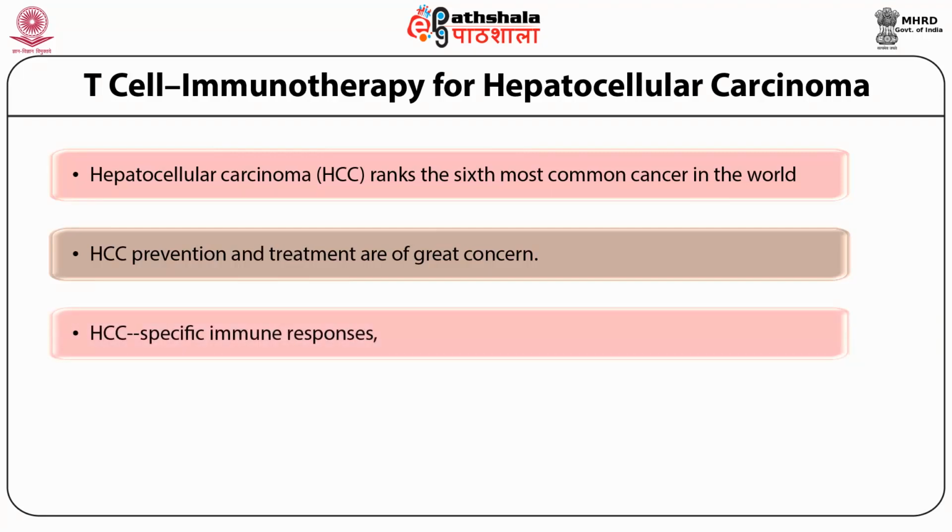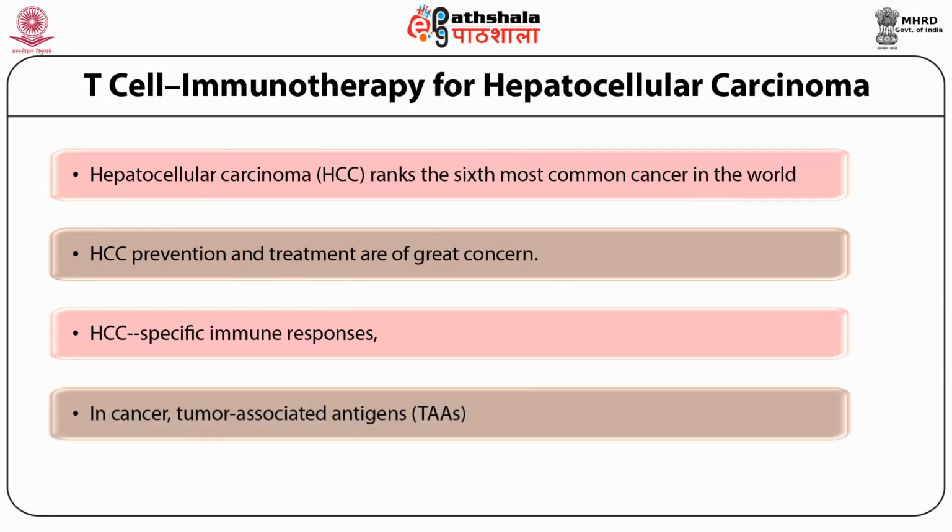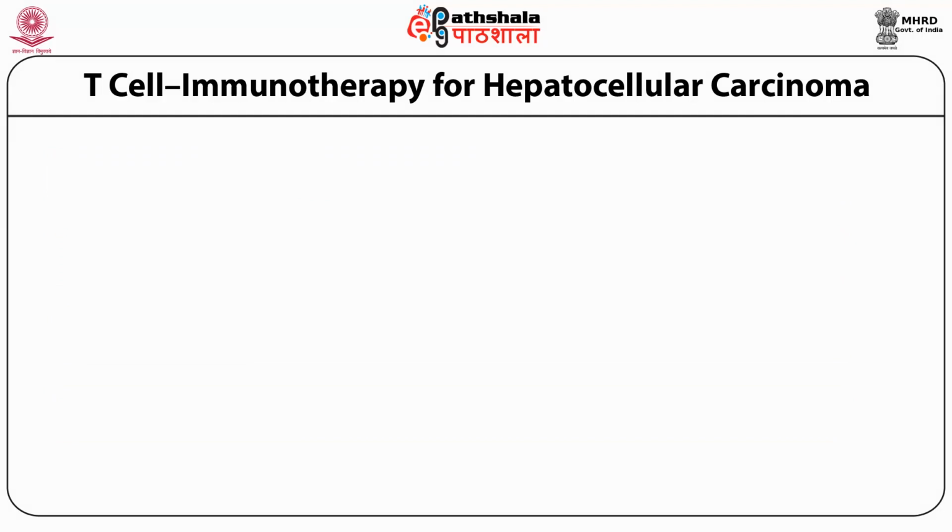HCC generates specific immune responses, and especially in cancer, there are tumor-associated antigens which are presented on the tumor mass. Seeing the tumor-associated antigens, there is an activation of T cells via the T cell receptor against these antigens.